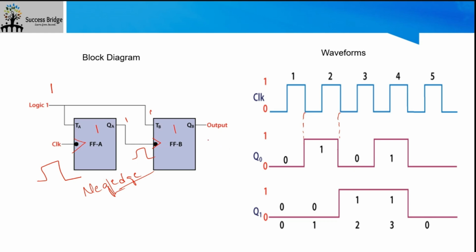Next, the QB. For QB, it has to wait until two clock cycles, because the first flop output is going as a clock to the second flip flop. So you need to wait. On the second active clock edge, the negative clock edge, your value is captured.